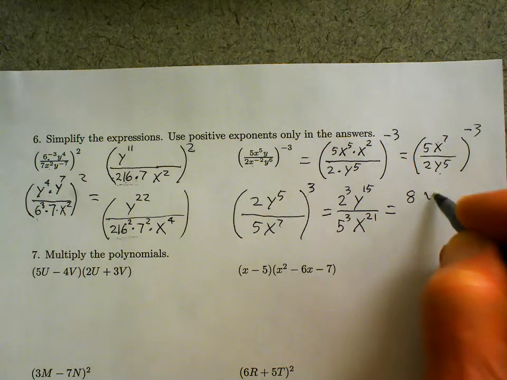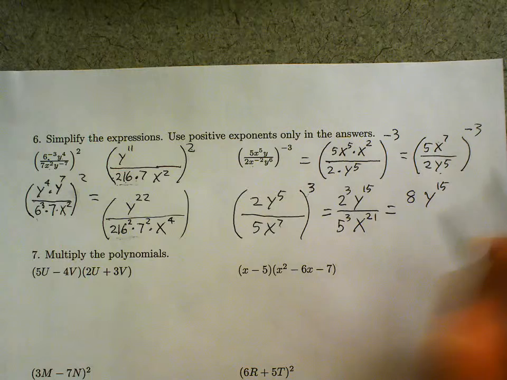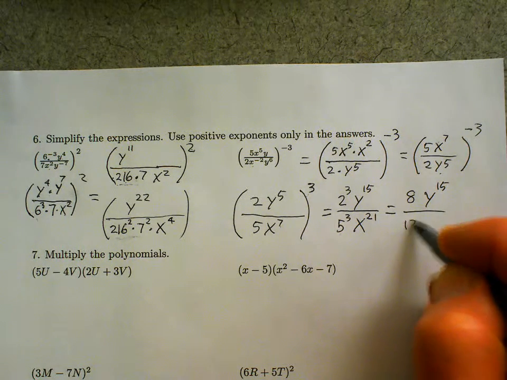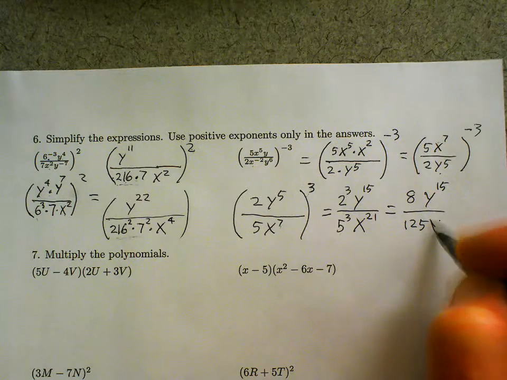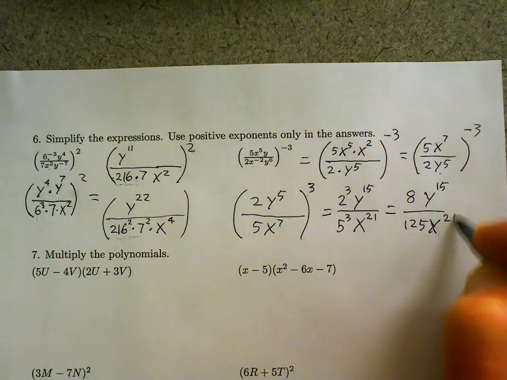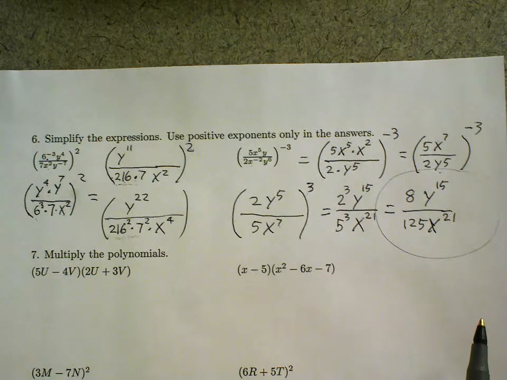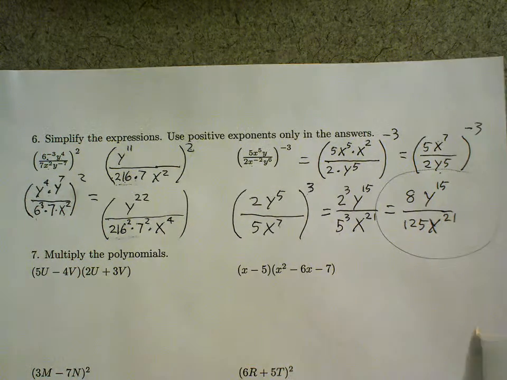So the numerator is 8y to the 15th. And in the denominator, 5 to the 3rd is 125. So our final answer is 8y to the 15th divided by 125x to the 21st.